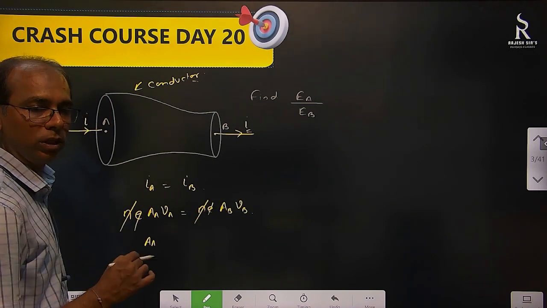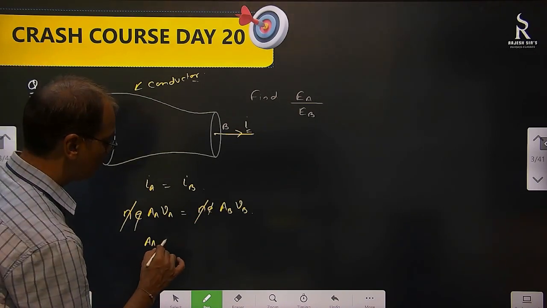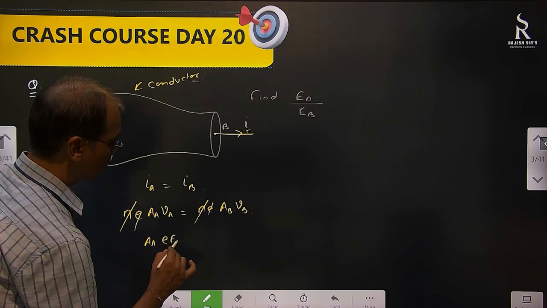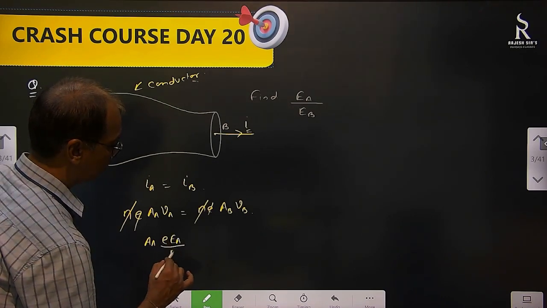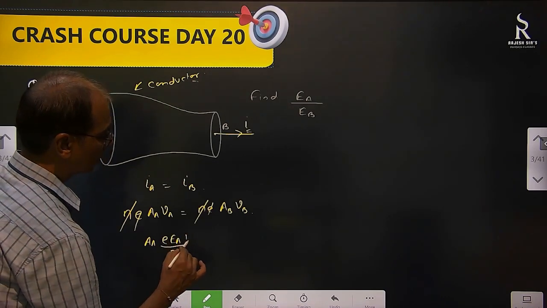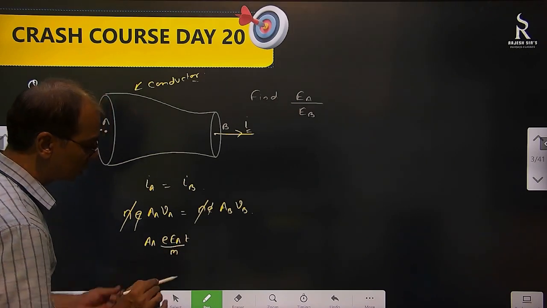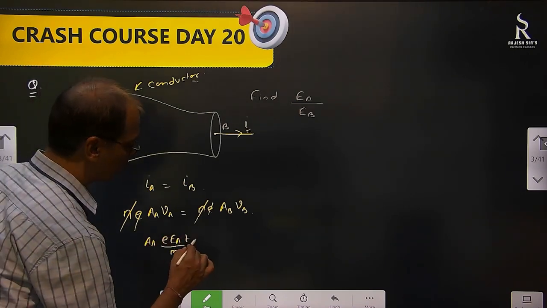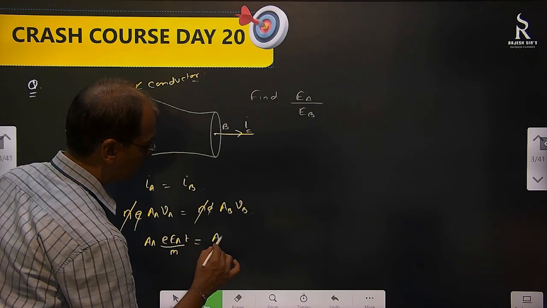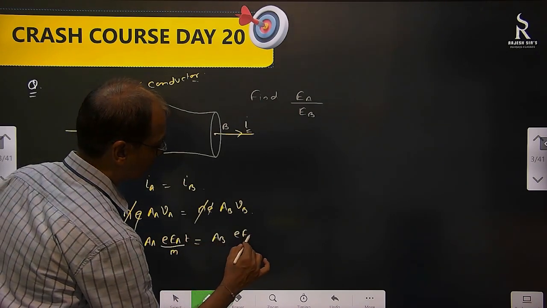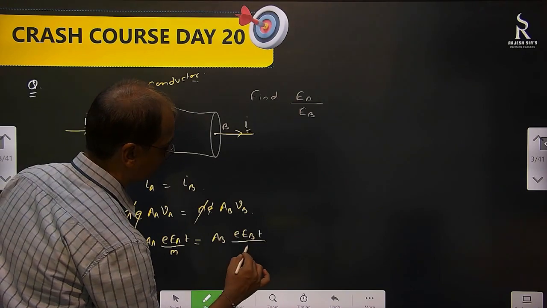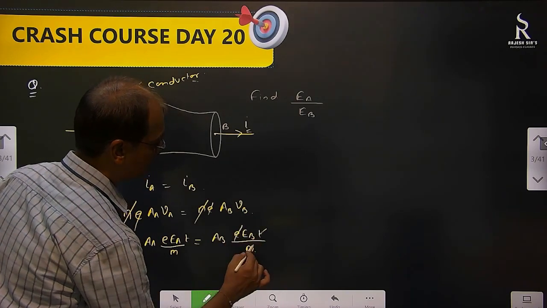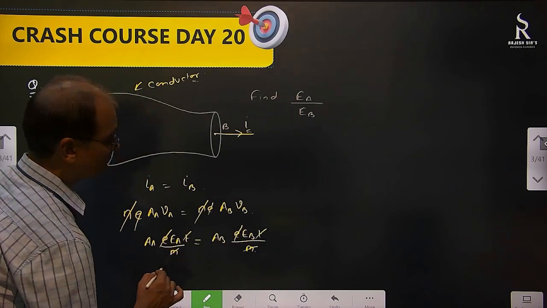What can we write for drift velocity? q E by m into t. So E_A times t by m. Now this is all for the electron, so this mass, this charge and this t will be the same here also. This is A_A into v. Now here it is E_B into t by m. So e, t and m get cancelled. What do they want?